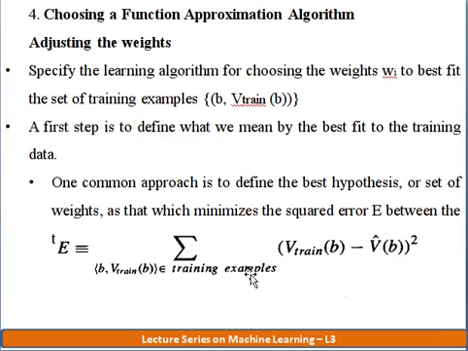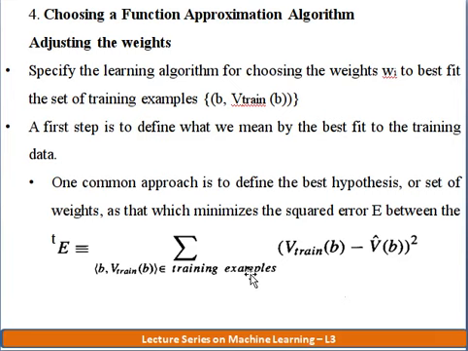So how can we say the training data is best fitted? One standard approach is to define the best hypothesis, or the set of weights, as that which minimizes the squared error E between the training values and the values predicted by the hypothesis V cap.